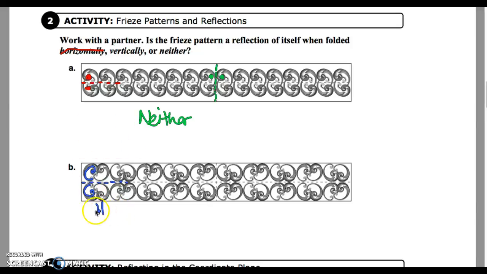So this one would be horizontally. That works out. What if we try vertically? I'm going to take this shape right here. Is there a mirror image just on the other side of that line of this shape? And the answer is no, so it would not. It only works out horizontally for part B.